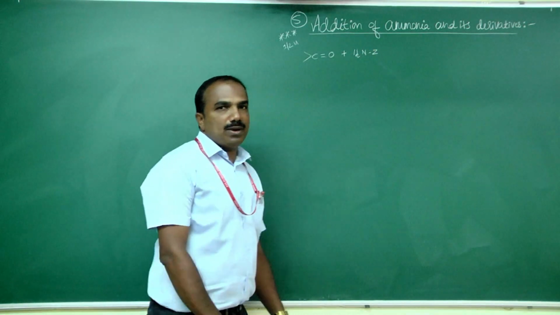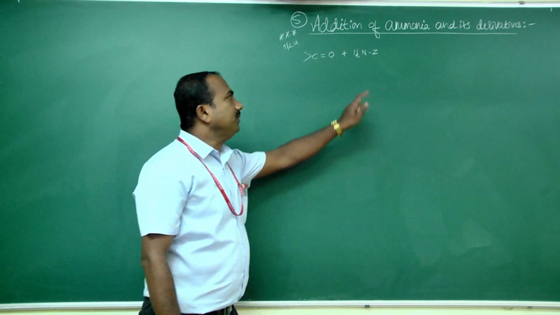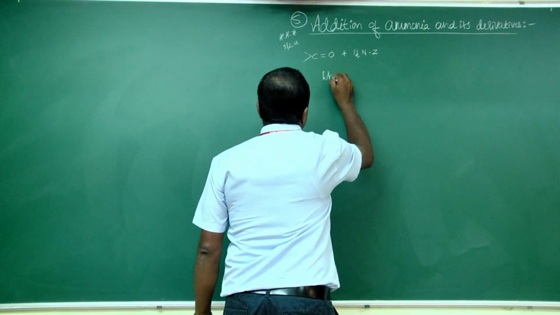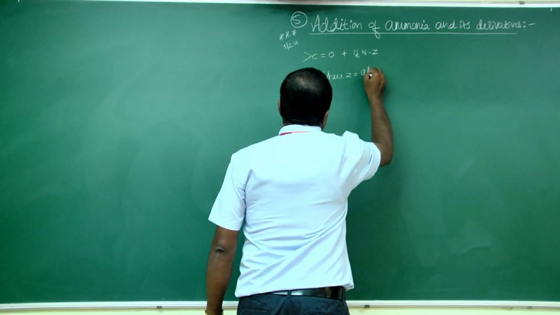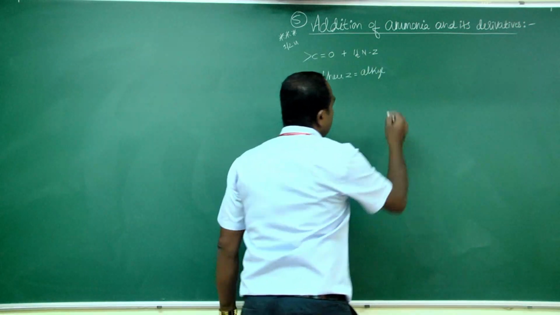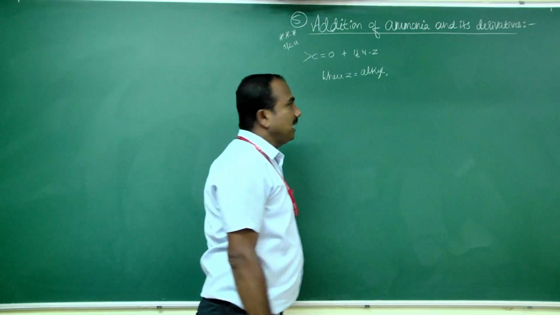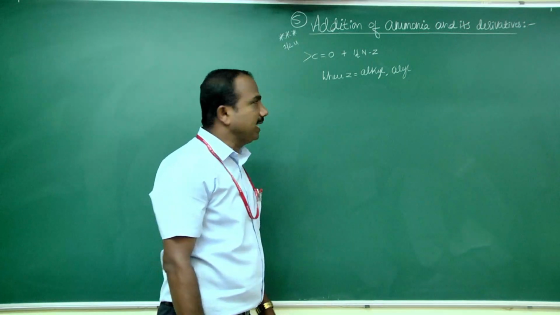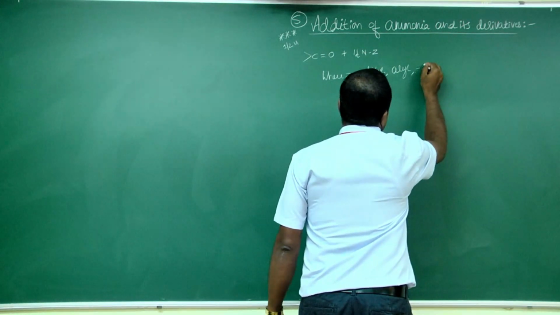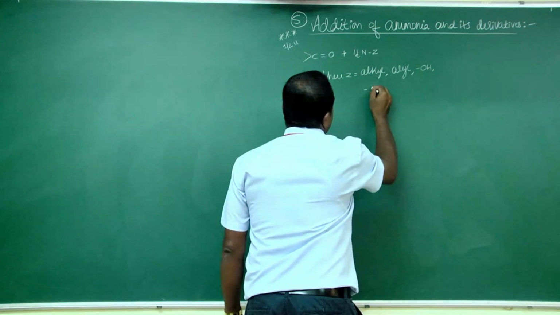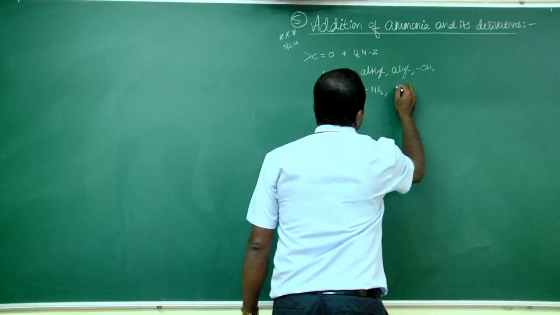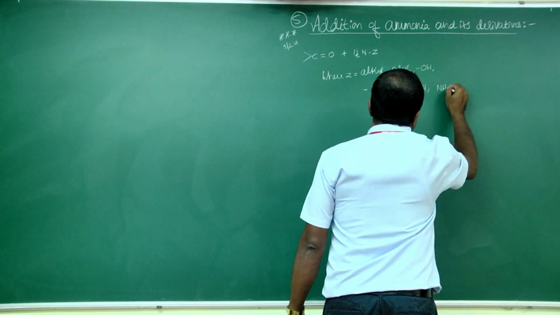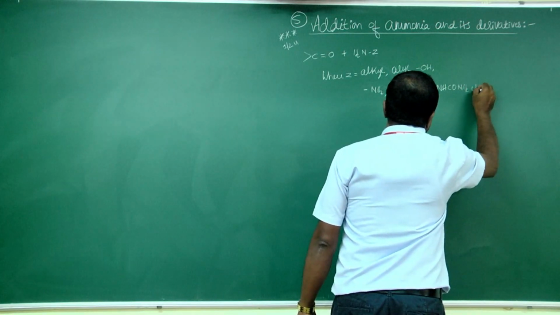NH2Z. Ammonia is NH3, so one of the hydrogen atoms is replaced by this Z, where Z is an alkyl group, that is methyl, ethyl, etc., or an aryl group, that is C6H5, phenyl group, or it may be OH group, or NH2, or C6H5NH, or NHCONH2 groups.